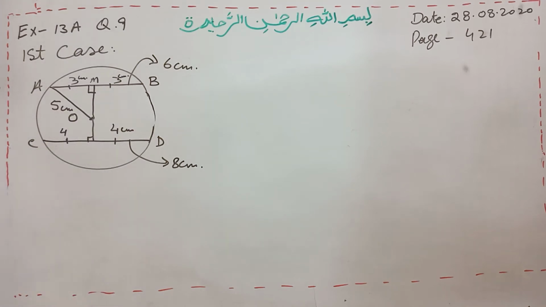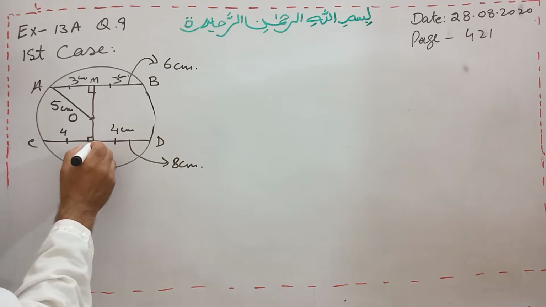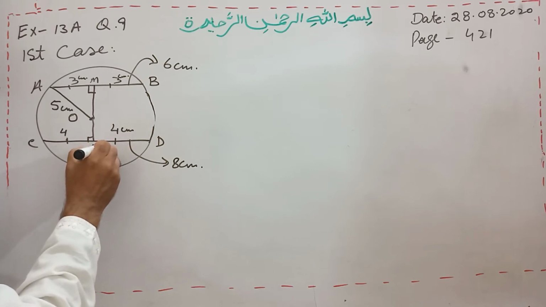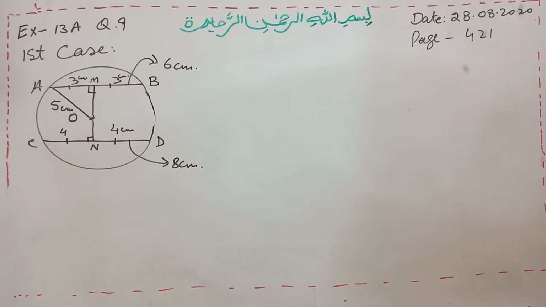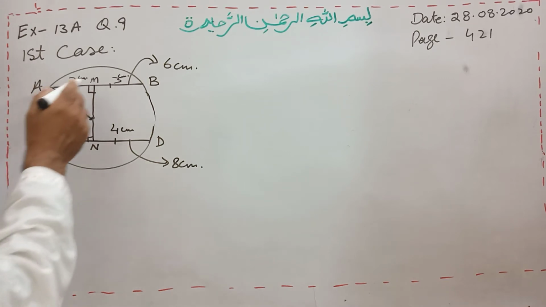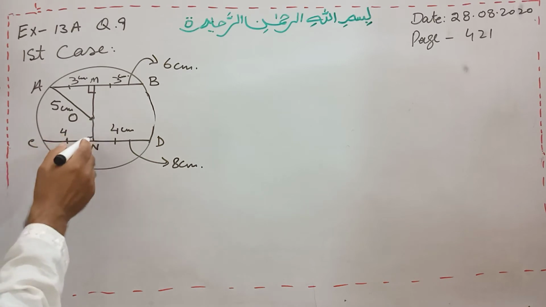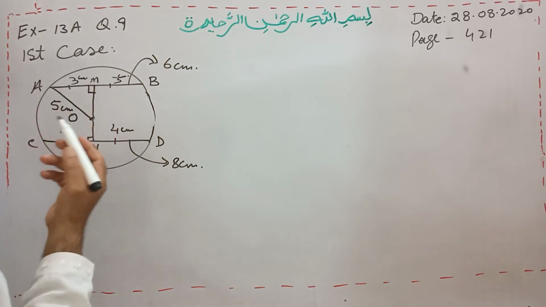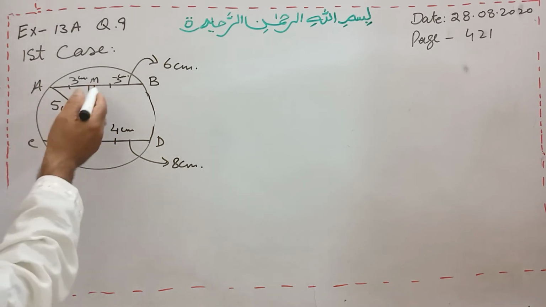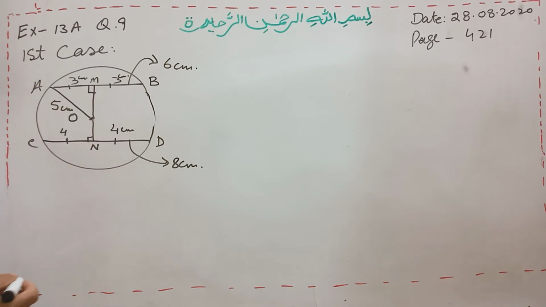We have to find the distance between the chords. If this point is N, then we will get two right angle triangles, one is MAO and the other is NCO. First we will consider the triangle MAO.